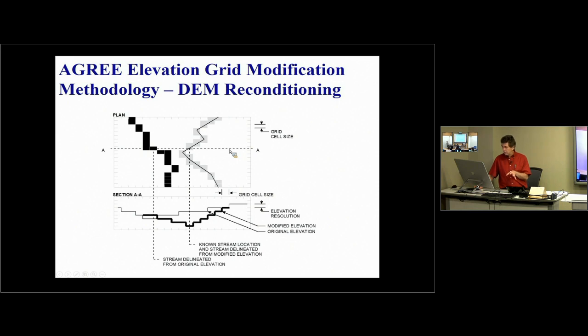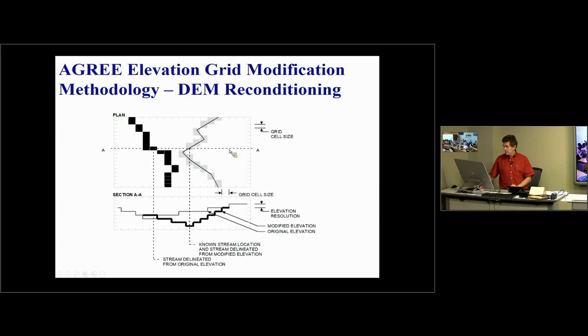The top part of this diagram is a plan of this little area, and the bottom is a cross section along this line AA. So the black grid cells are what would be the minimum elevation as mapped from the digital elevation model. These gray grid cells would be where the stream is as mapped from this sort of zigzag stream line.